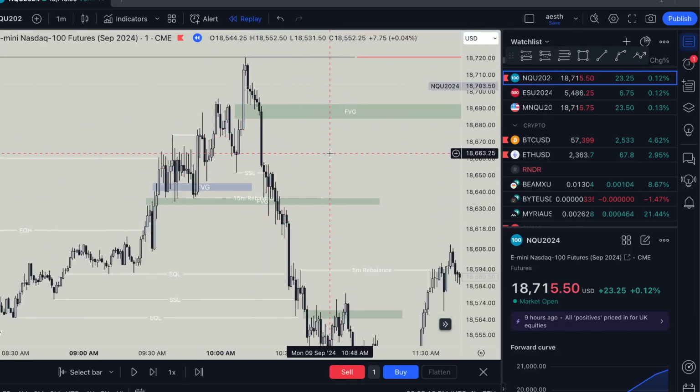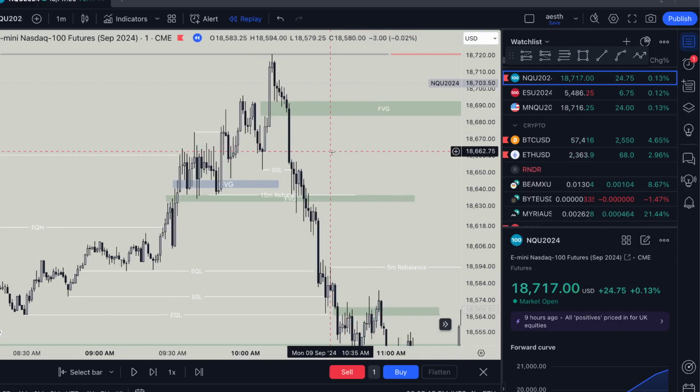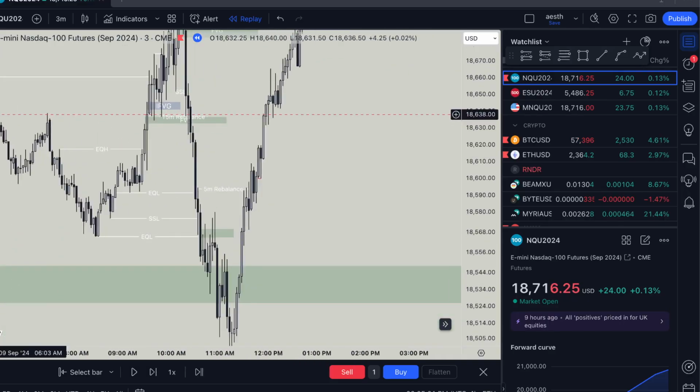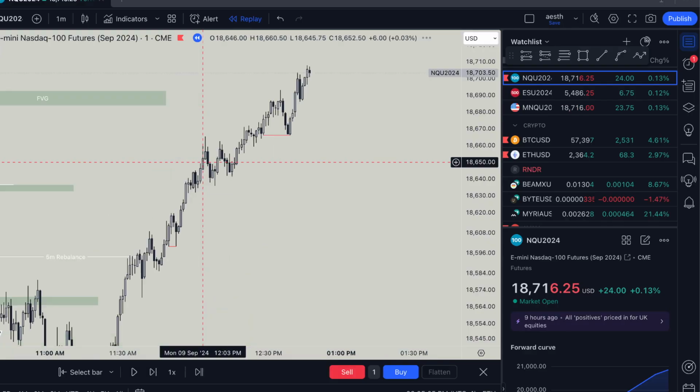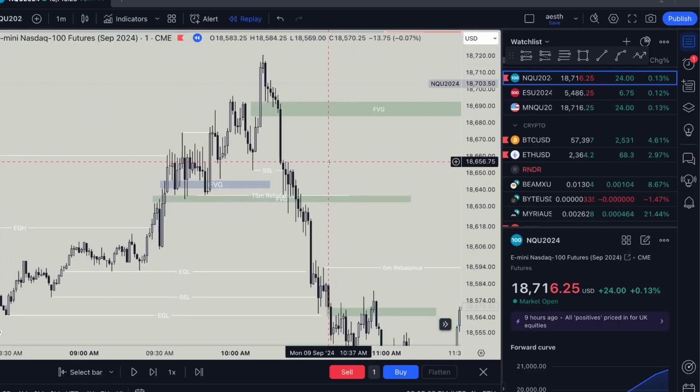You've got to be patient, guys. We didn't get the opportunity to short this because the 3-minute ended up ripping past this bullish or value gap and we couldn't get a clean entry. But these habits are going to save you a lot of money in the long run, rather than being super impatient and taking the first setup you see, gambling that something like ES is not going to meet its draw.